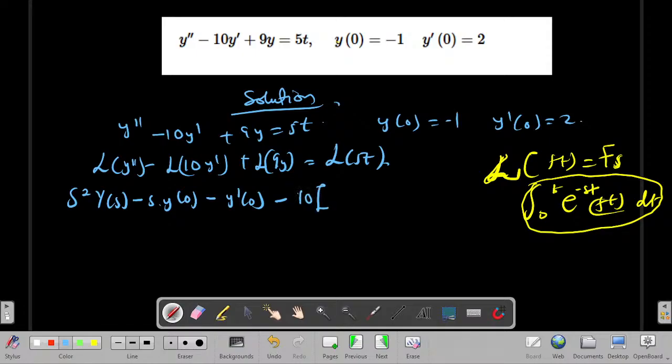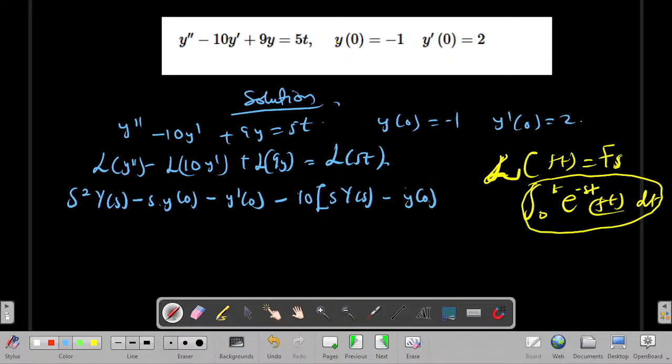So minus 10. Then Laplace of y prime gives capital Y, right? We get s Y of s. Remember that y prime prime started as s squared Y of s. We step down towards s y of 0. So here we have s Y of s, and we simply step down towards y of 0.